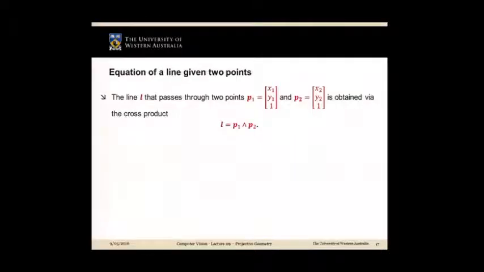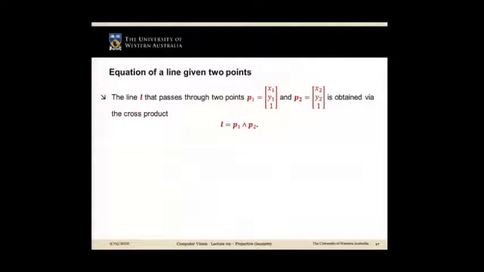Now, the line L that passes through 2 points P1 and P2 is obtained via the cross product. So you take the cross product of 2 points to get a line, right? You can, of course, do it on a piece of paper, and in MATLAB you can do it in a one-line statement.